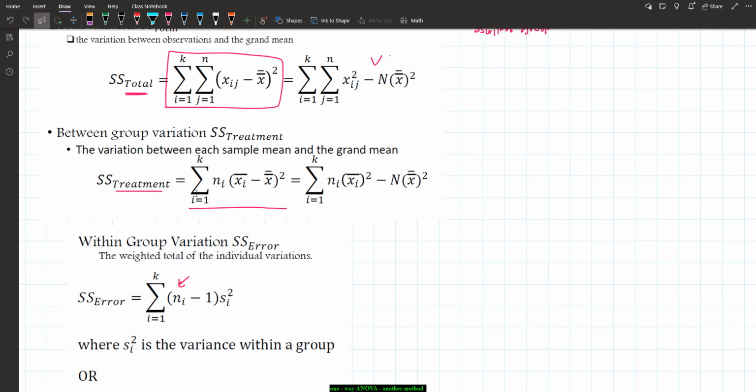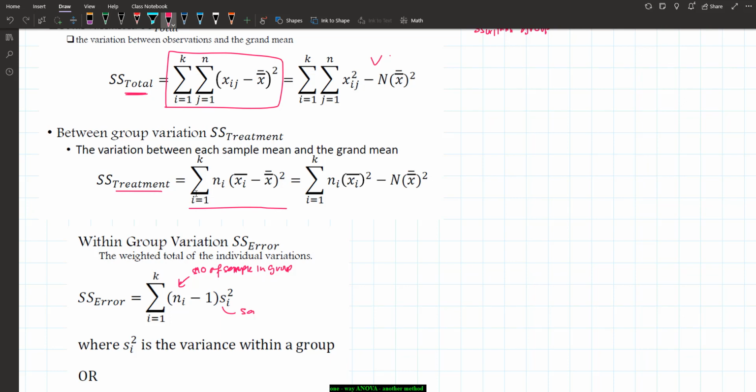Ni means the number of samples in the group, right? So if you have 3 groups, let's say group 1 we have 4 samples, n equals 4, minus 1, multiplied with the standard deviation squared, which is the sample variance of the group.